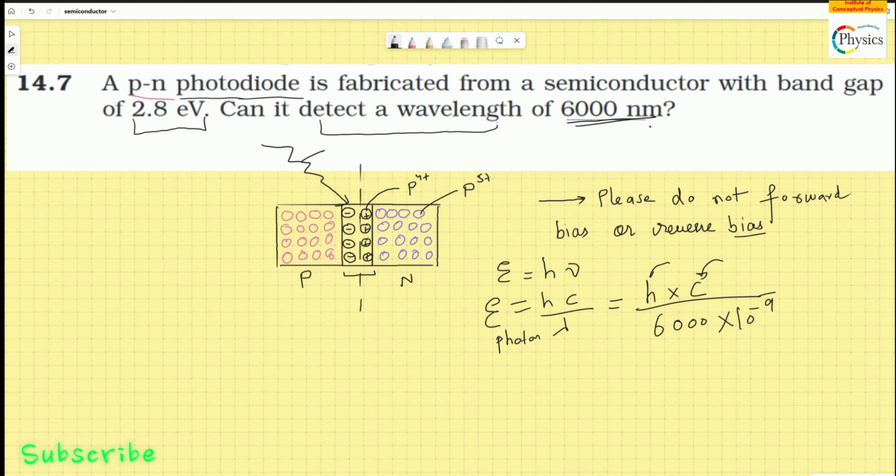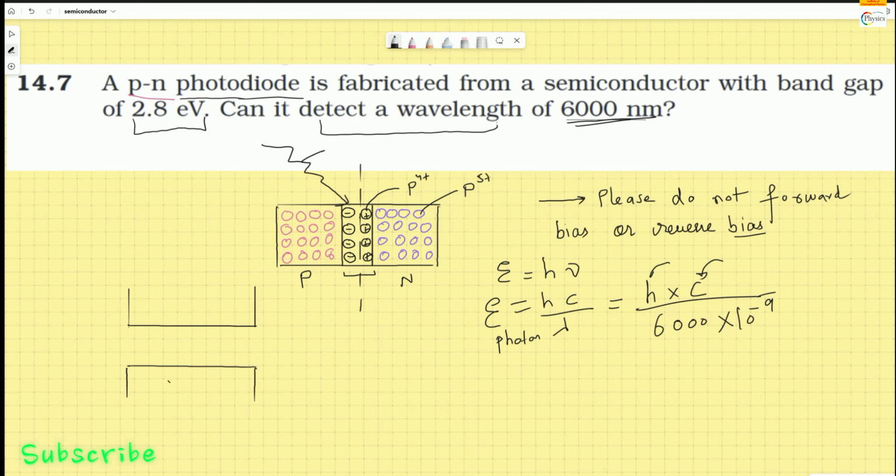Now, what happens is the band gap is the band gap, right? So you have this concept of, I'm drawing a very simplistic view of the band gap and stuff like that, as you see in silicon and germanium, right? So you can see that the band gap is available to you here, right?